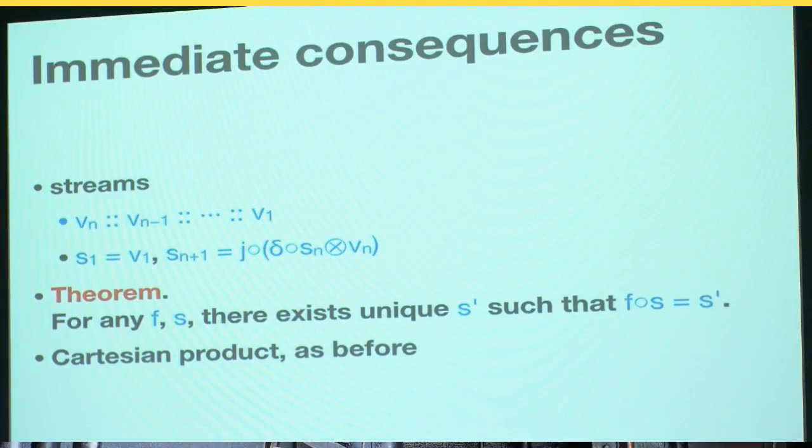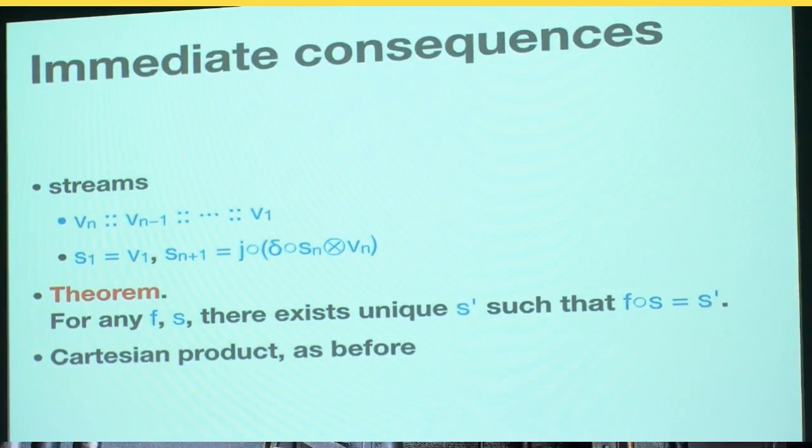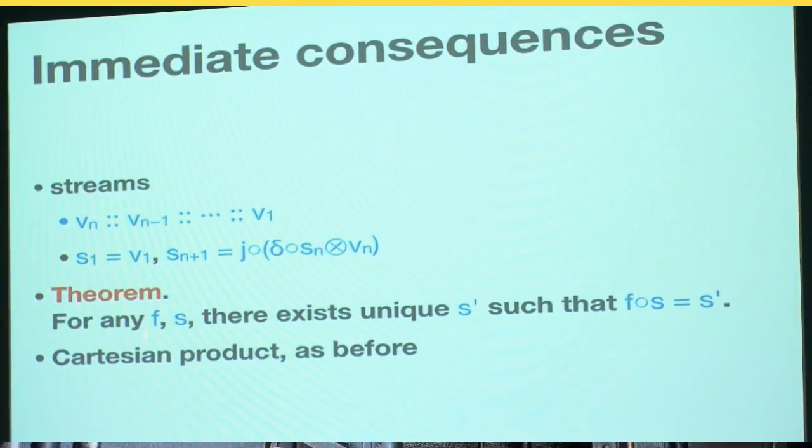So that's how a stream of inputs would look. And the behavior of any circuit is also well defined on these streams. For every circuit F and any input stream S, there is a unique and well defined output stream. And the category is still Cartesian, and this can be proved.